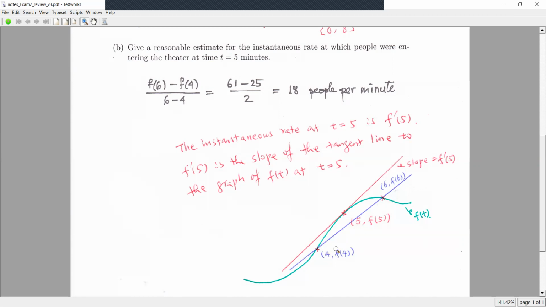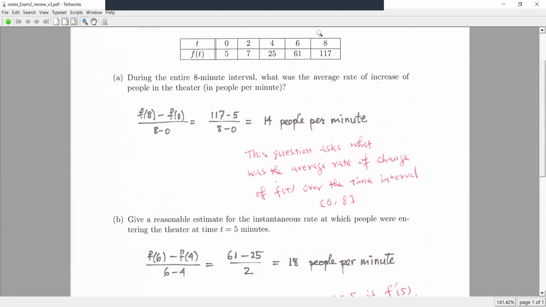The slope of this secant line by the slope formula is y2 minus y1 over x2 minus x1. From the given table, function value at 6 is 61.